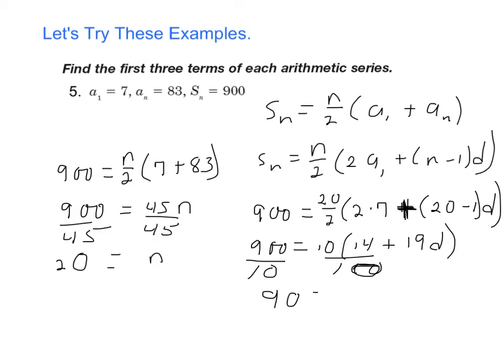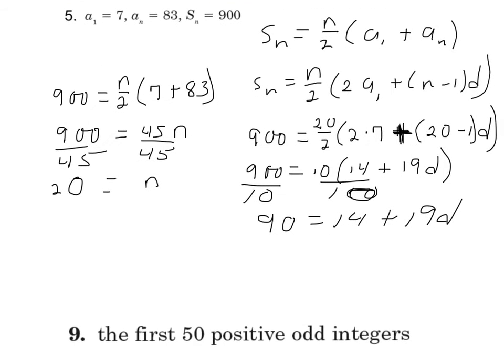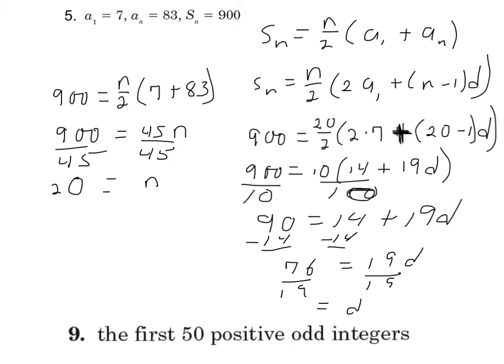Well, I get 90 is equal to 14 plus 19 times d. All right, now I'm going to subtract 14 from both sides, and I end up getting 76 equals 19d. Divide everything by 19, and I get d is equal to 4. That tells us that my common difference is 4.